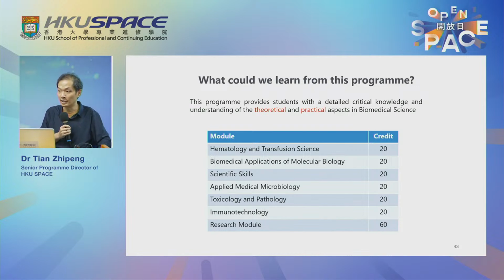In total, there are 7 modules. 6 of them are taught modules, mainly lectures, but we also include some practical sessions, discussions, seminars, presentations to help students get a more diverse learning experience. And finally, we have a research module, which lasts for about 9 months.